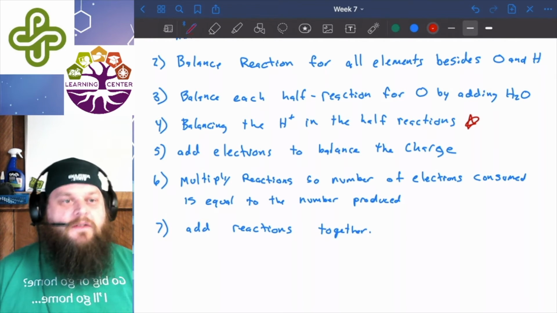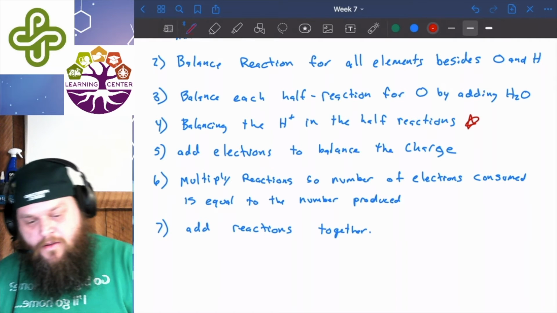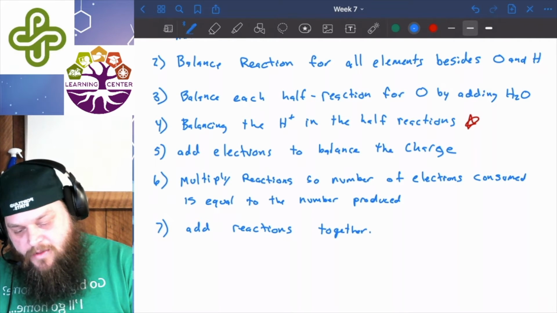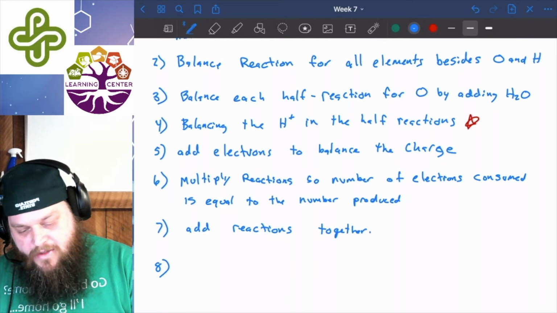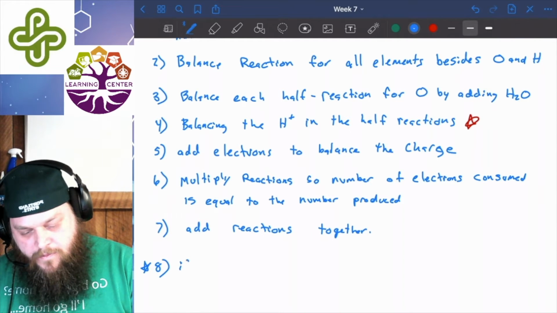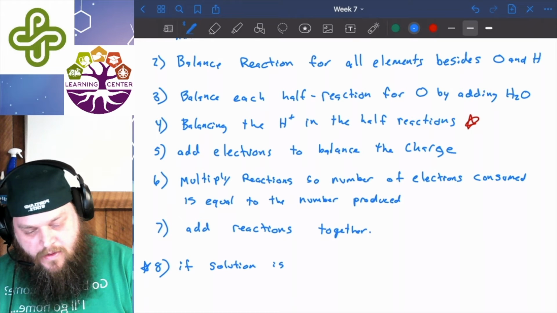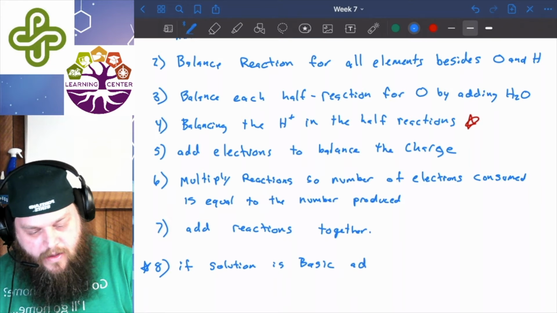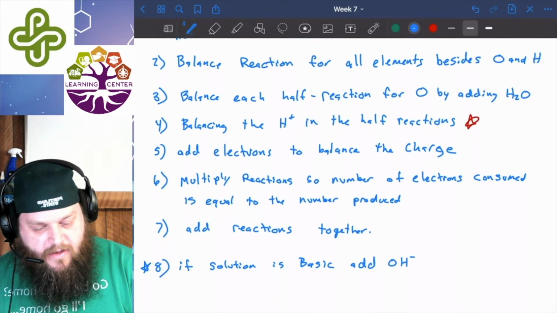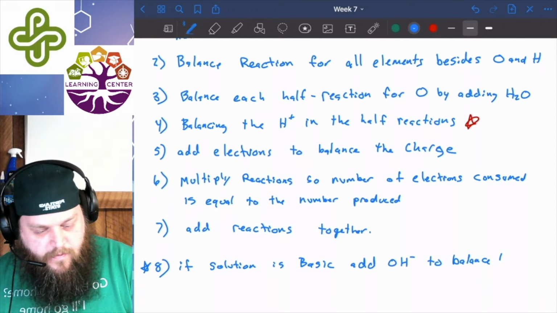But if we know it's happening in a basic solution, we have to add OH minus to it. So the last step, and this is conditional: if the solution is basic, add OH minus to balance H plus.